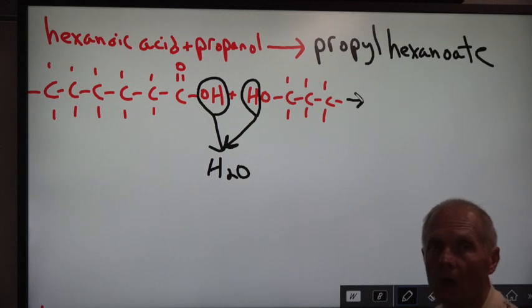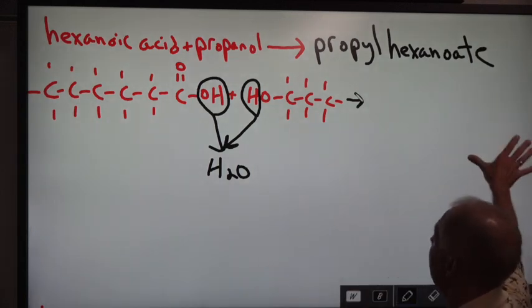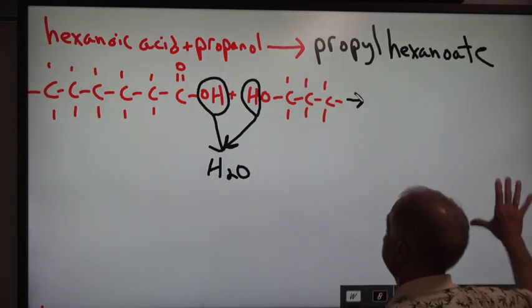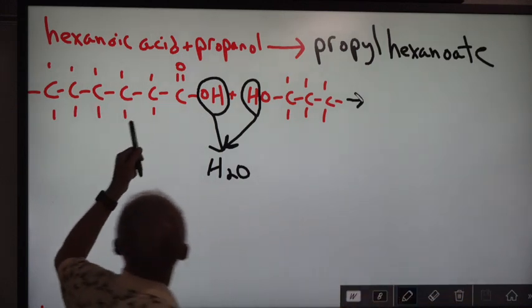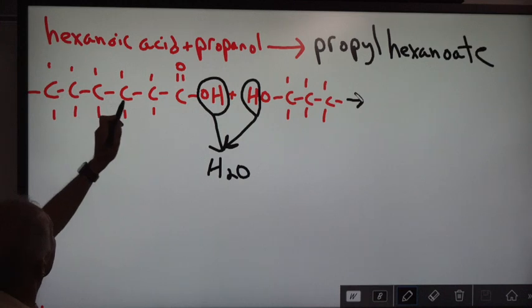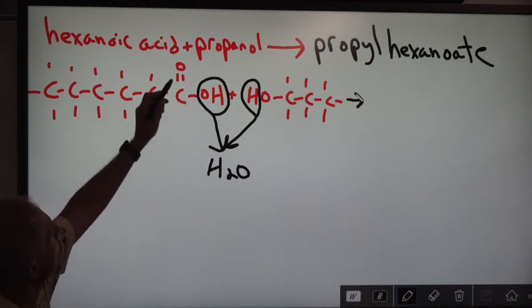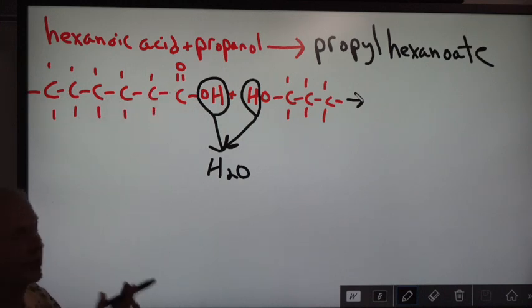Now, all you got to do is put it together. I don't have enough room there, so I'm going to put it right here. So I have, look at, I have 1, 2, 3, 4, 5 carbons before the double bonded O, so I can put them all together.